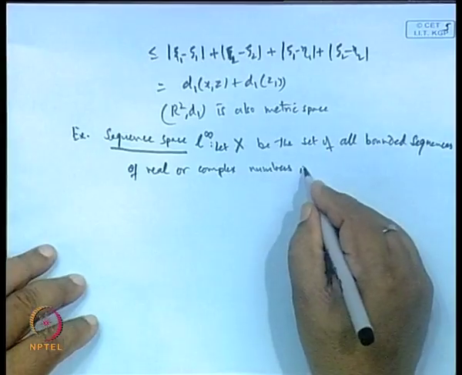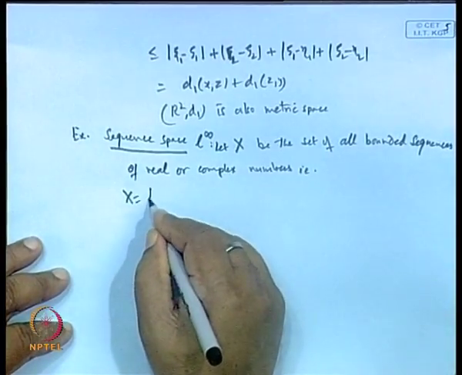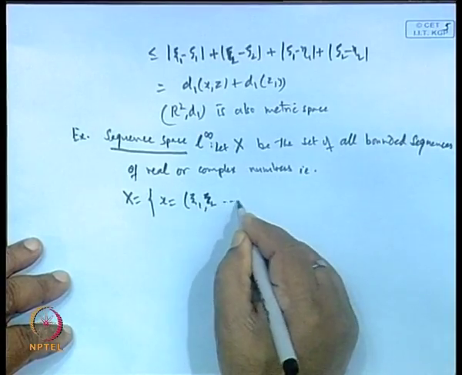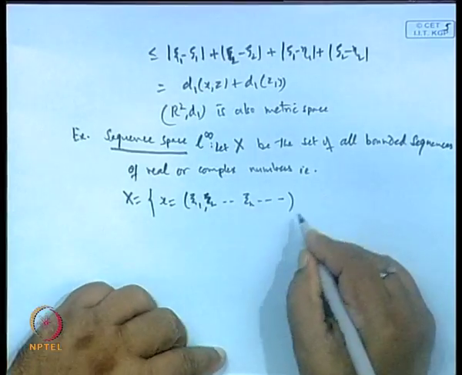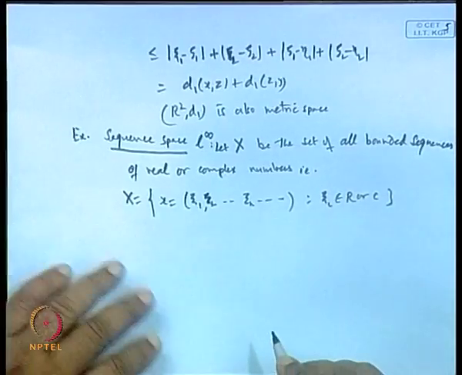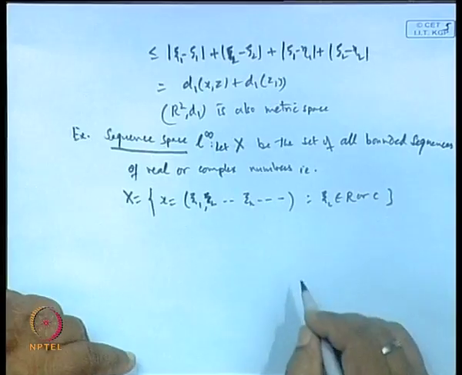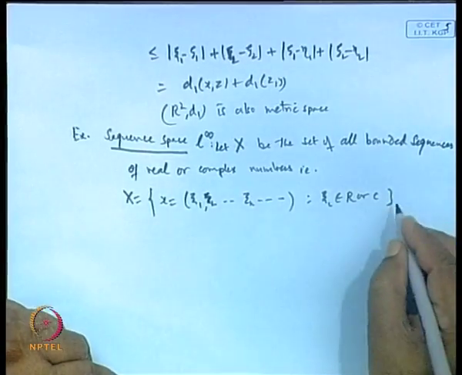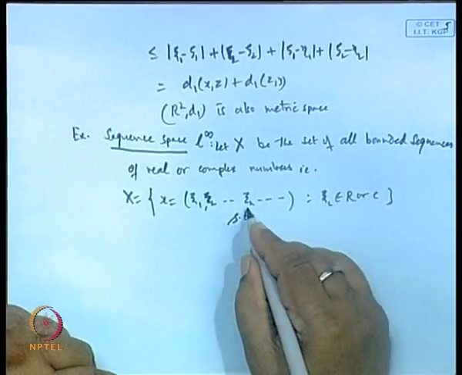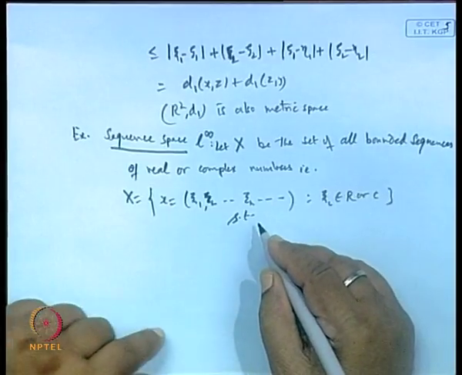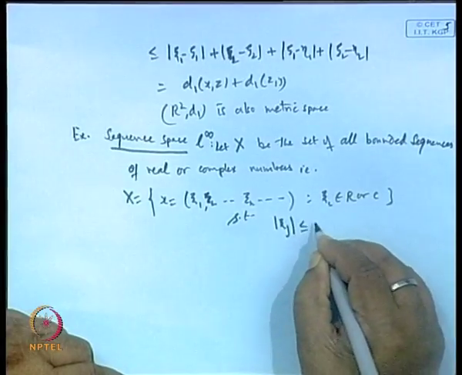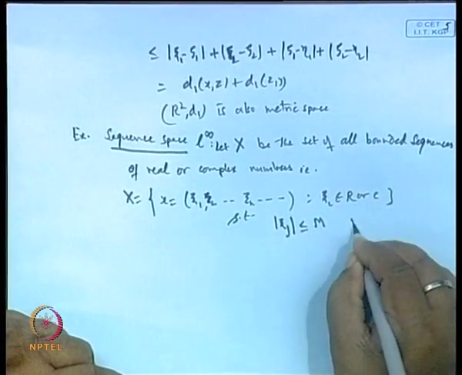That is, the set X is the set of all infinite sequences xi1, xi2, xi3 and so on, where the xi's are either real or complex numbers, such that the sequence is bounded, such that mod of xi_j is less than or equal to a constant m for every j.